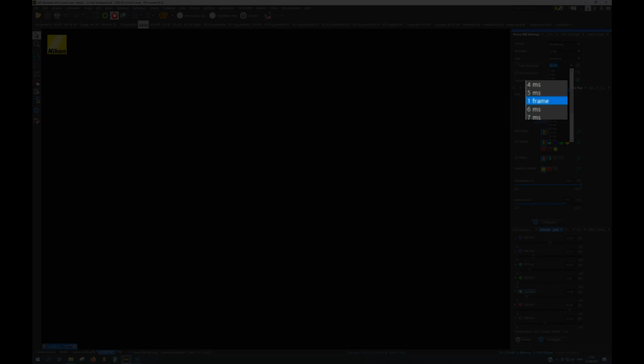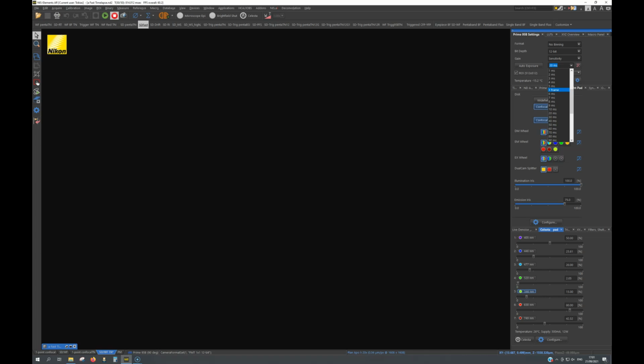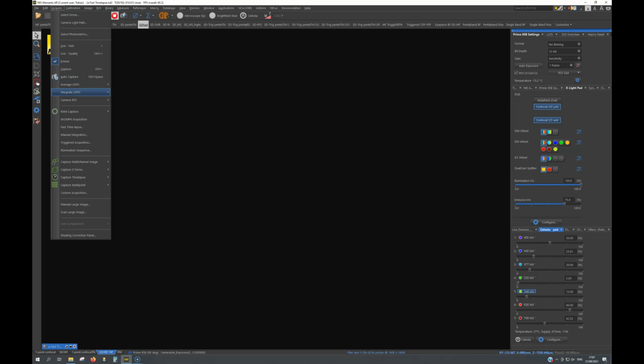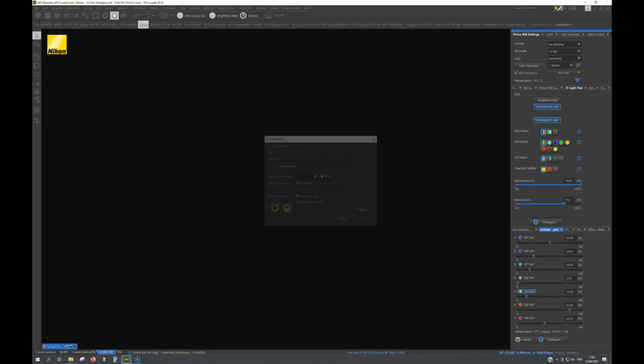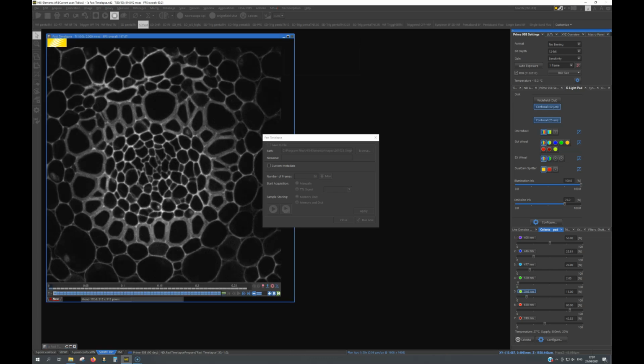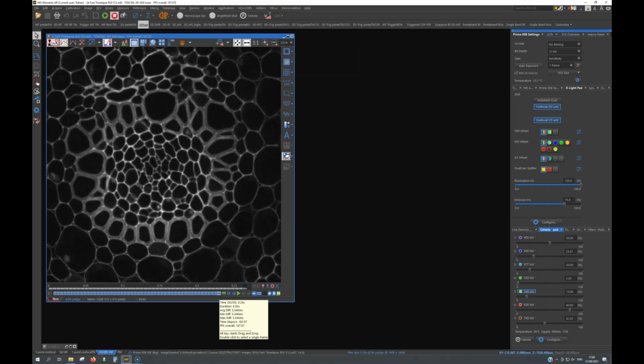This is because of the smaller amount of pixels in our region of interest. We will now go on and acquire 50 consecutive images as fast as possible for our region of interest. The total acquisition time is 262 milliseconds, resulting in a frame time of 5.3 milliseconds for our region of interest.